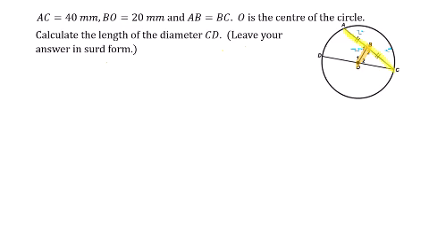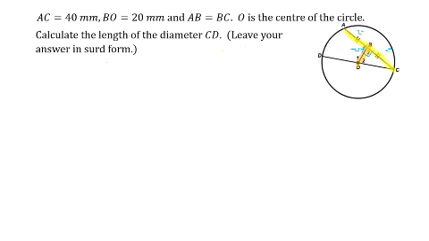Because OB is bisecting, or is perpendicular to, the chord AC, this means that angles B1 and B2 are equal to 90 degrees. This is what we figured out just by reading the diagram. We are not solving the question first. We are not looking for the diameter CD value now.